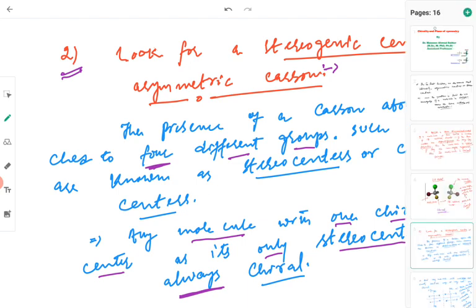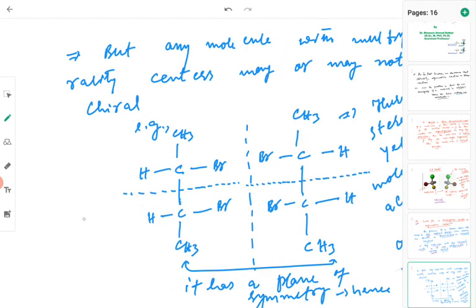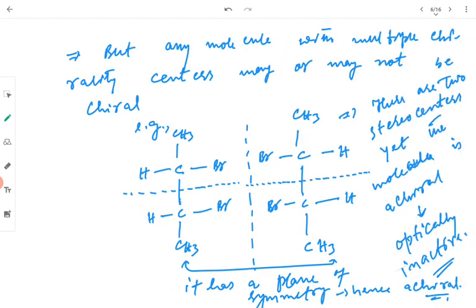But there are some molecules which have two or more asymmetric centers or chirality centers. Those molecules may or may not be chiral.